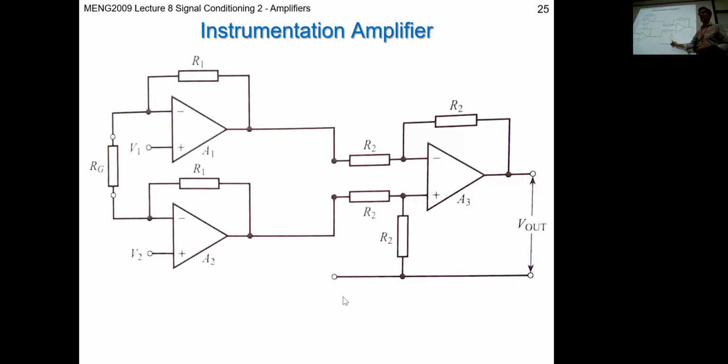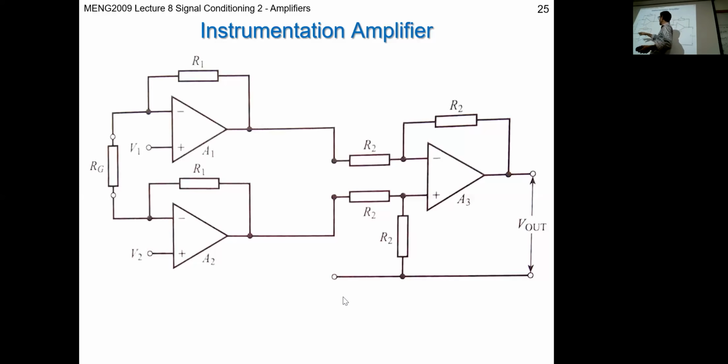This is a unity gain, because you have the same input resistance on this differential amp as feedback resistance and ground resistance. So this part doesn't do any amplifying. All it does, like the voltage follower, is provide the characteristics you want, so it allows you to have a low output impedance.